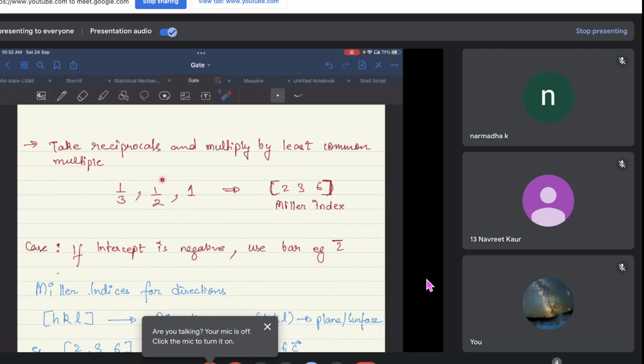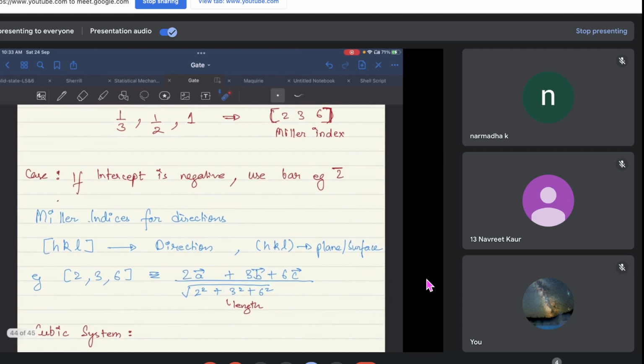So we take the reciprocal of each intercept and multiply by the common multiple, that is, here it is 6. So we multiply it by 6. The Miller indices are notated in square brackets. So it is 2, 3, 6 in square brackets. This is the Miller index of that particular plane.